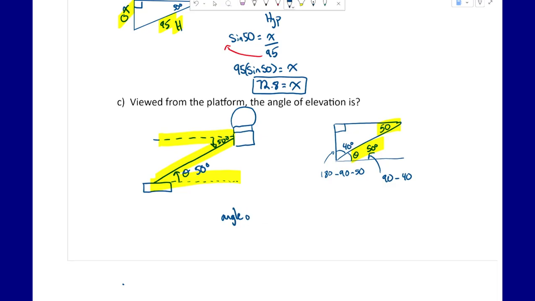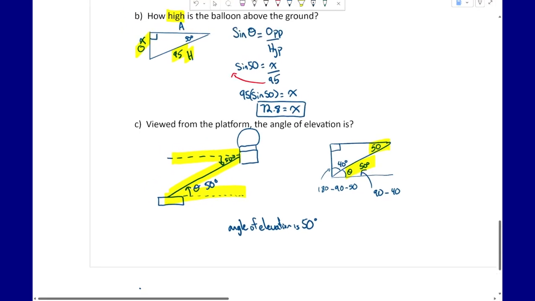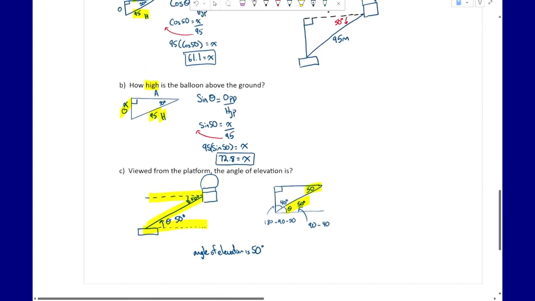Either way, we determine that the angle of elevation is 50 degrees. Right, so just different ways we could think of the triangle, different pieces of information that we can find based on what we're given.